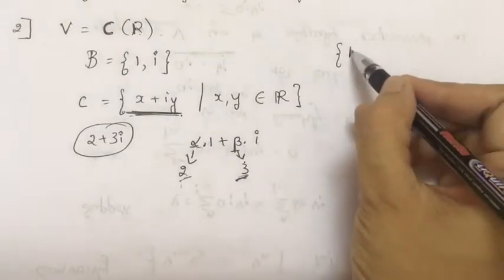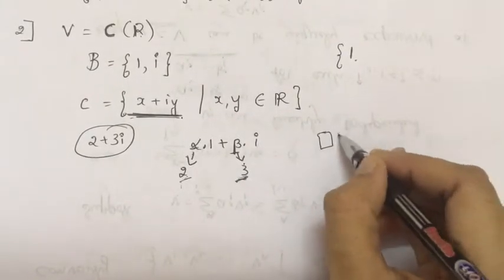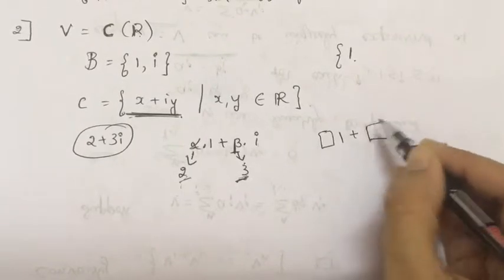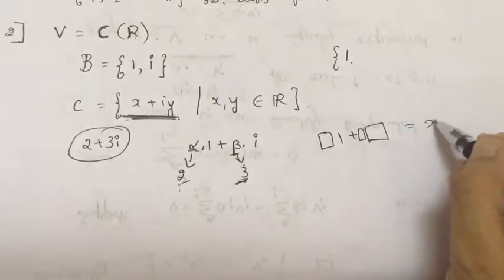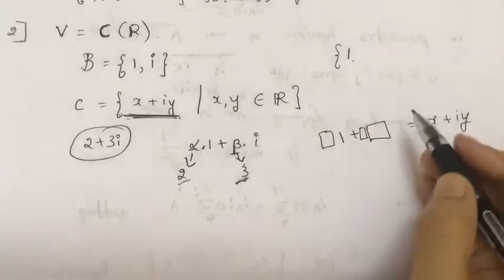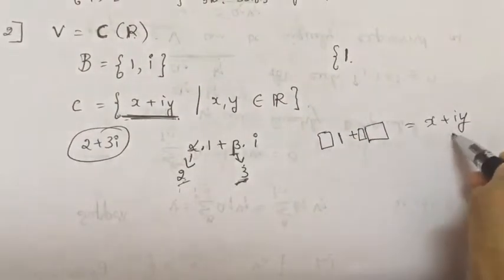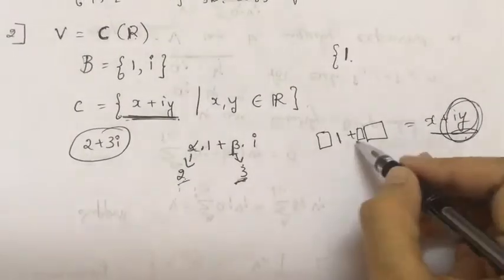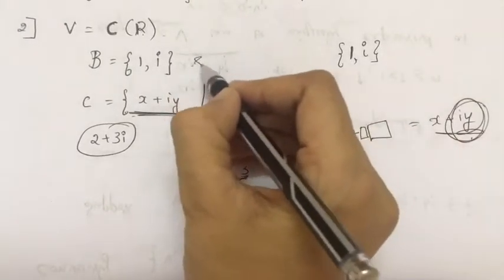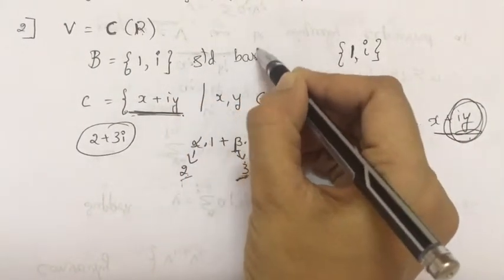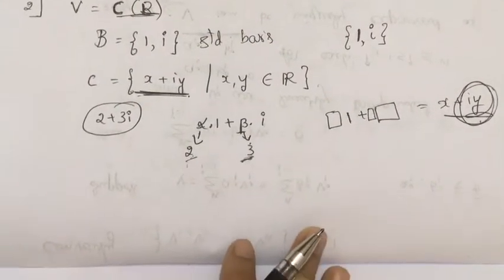If I have only one element in my basis, that is 1, then I won't get this term, right? Therefore, I have to add i. This is the standard basis for the complex space over real numbers.